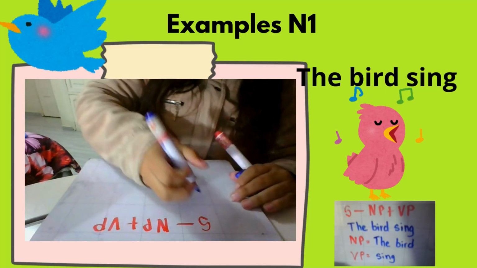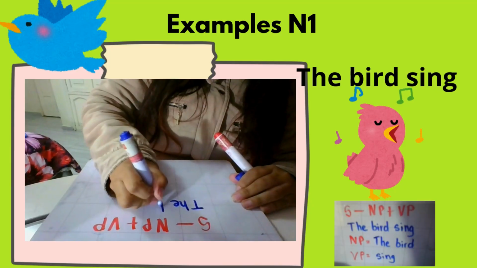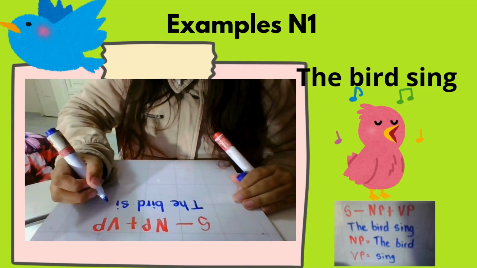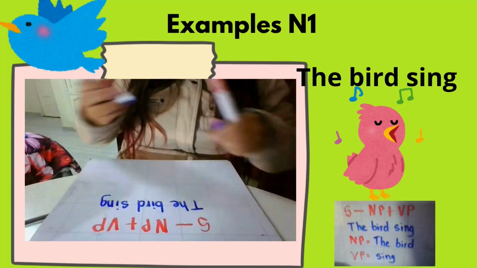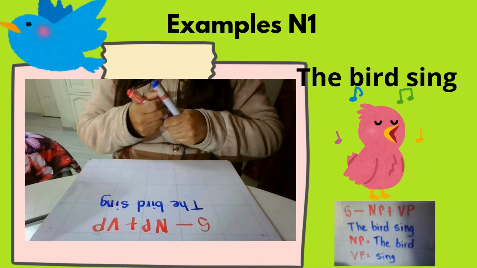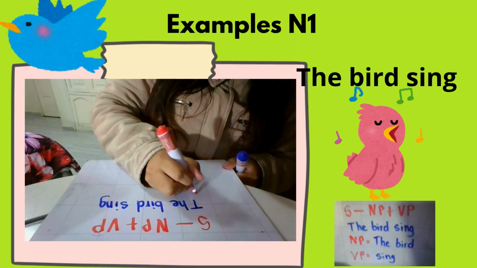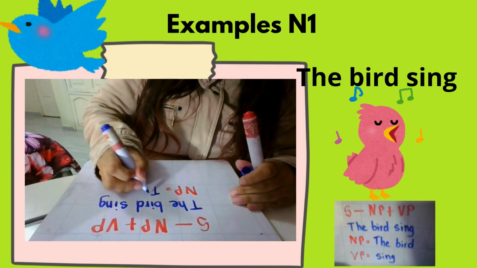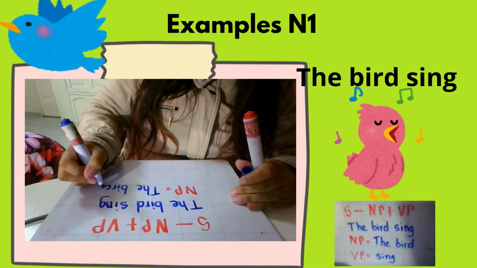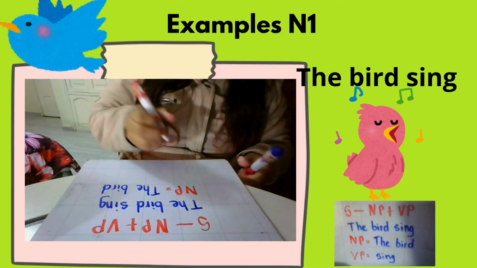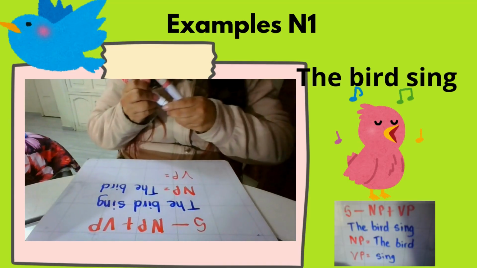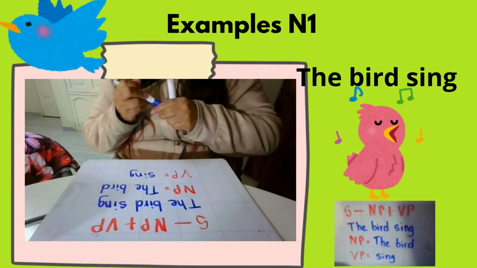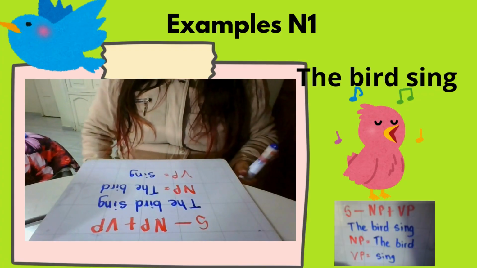In the example, in this case, the noun phrase is the verb, and the verb phrase is sing. This is the first example.